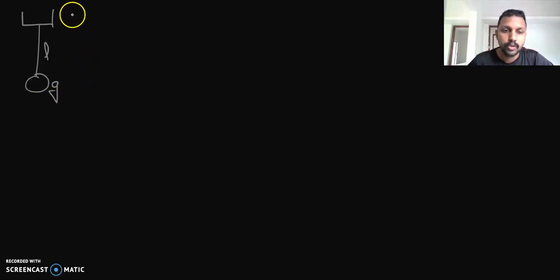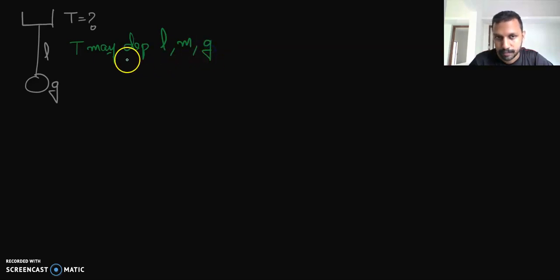You are asked to derive an expression for the time period of a simple pendulum. It is given that the time period may depend on length, mass, and acceleration due to gravity.